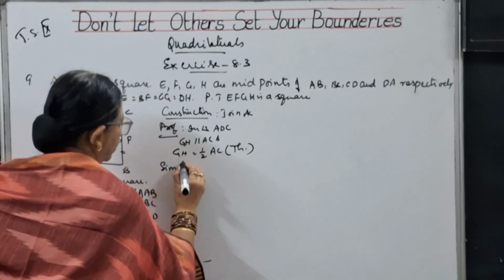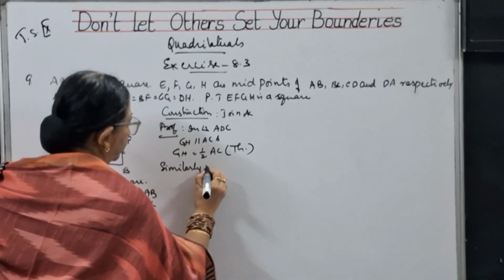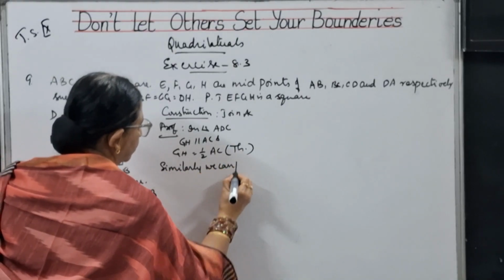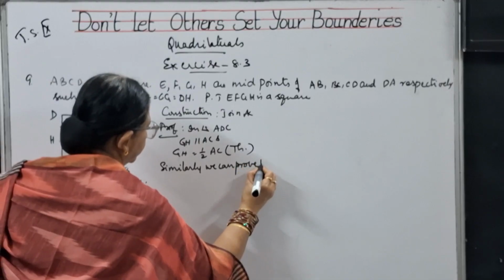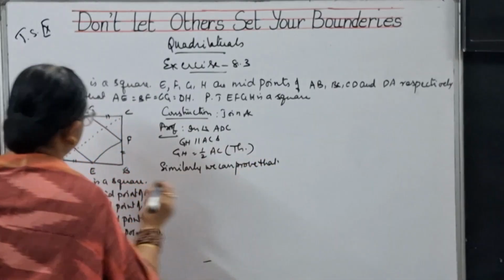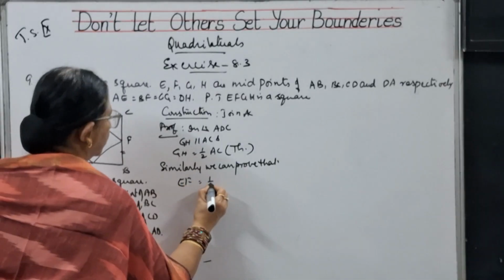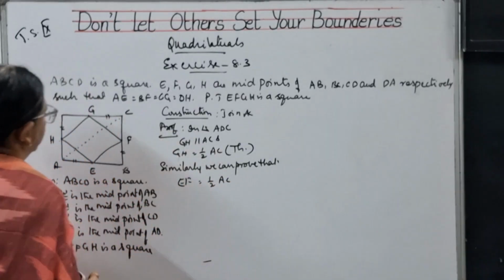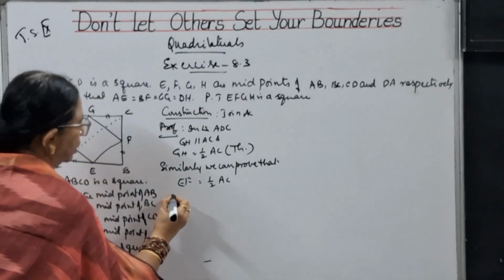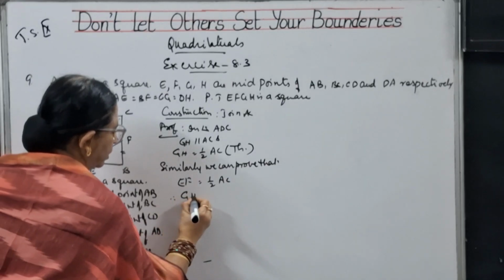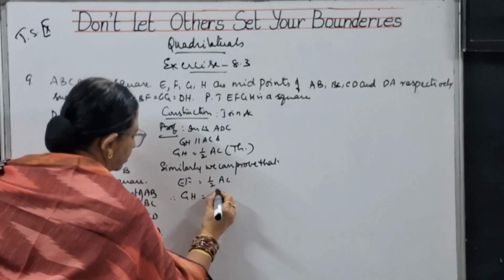Similarly, in the same way we can prove that EF is half of AC. Therefore, what can you say? GH is equal to EF.